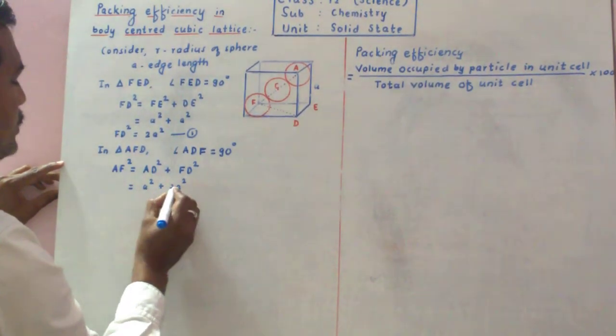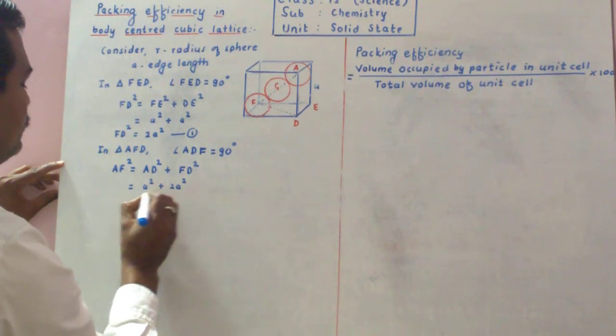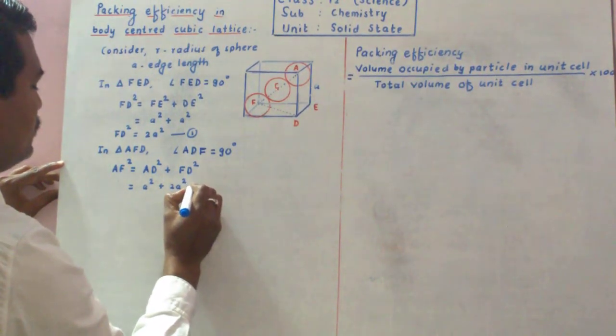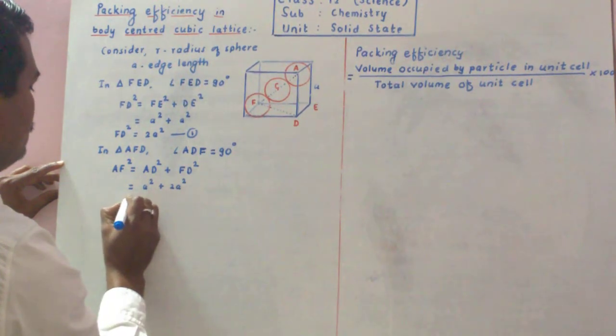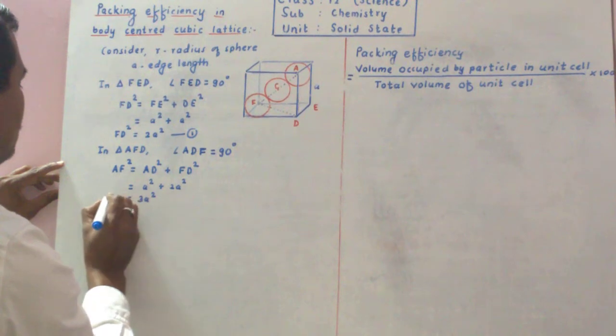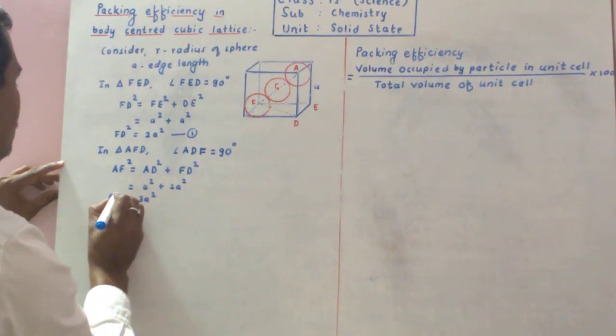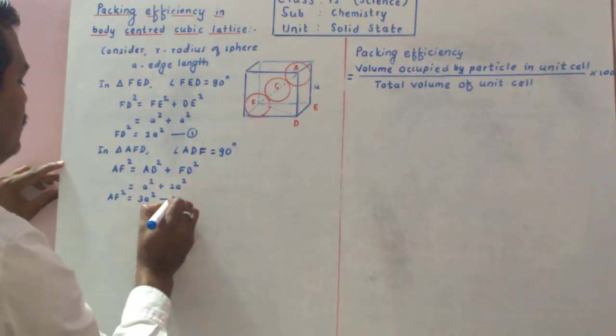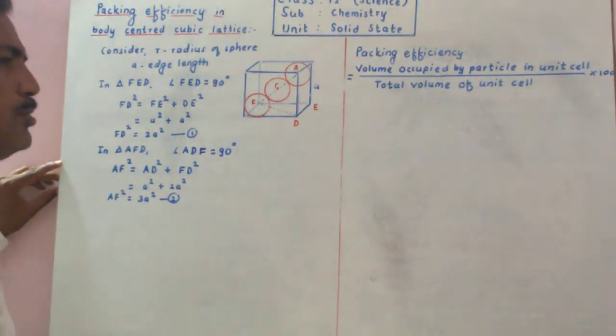So a square plus twice a square equals thrice a square. So AF square equals 3a square. Consider this as equation 2.